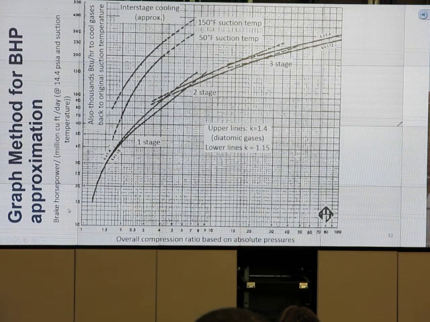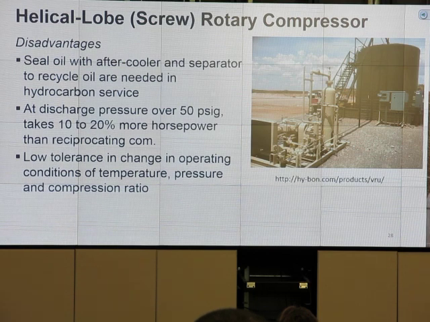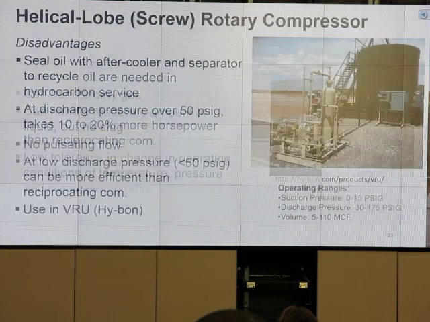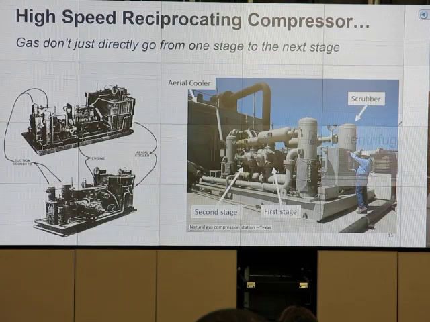This is the chart between brake horsepower per million cubic feet per day and temperature, and my chart has 1 stage, 2 stage, and 3 stage. So I would think it's about 3 stage, but maybe 4 stage, or as much as we need, as long as the compression ratio is about 3 to 4. You see all this, right?